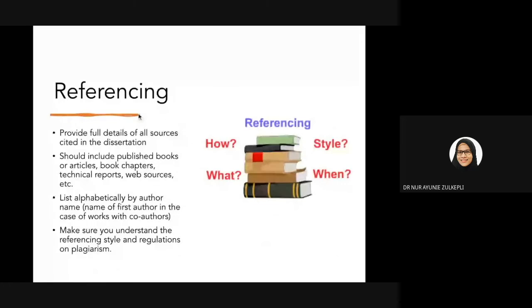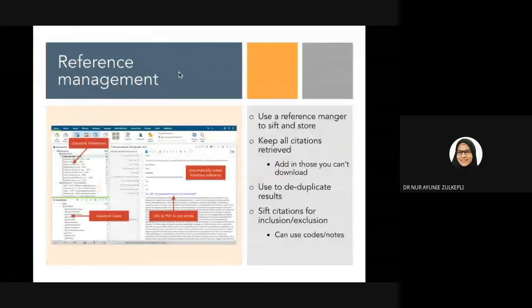And then referencing. When you cite other people, you have to know how to make a list of related references. And I encourage you to use a reference manager. For example, this is the EndNote interface.